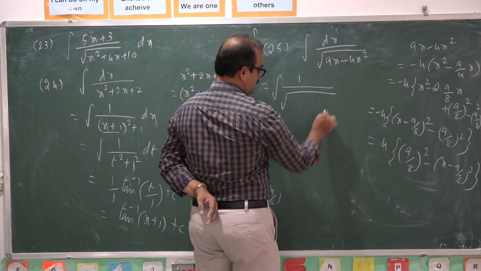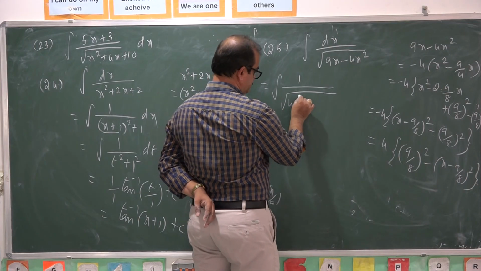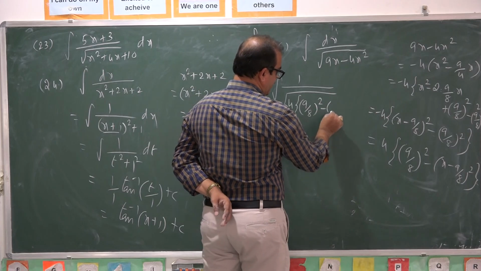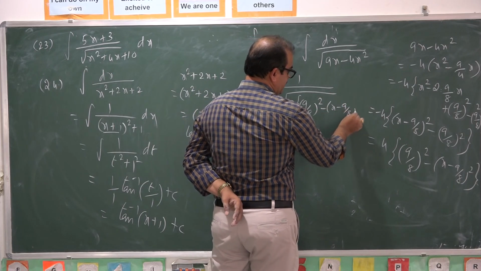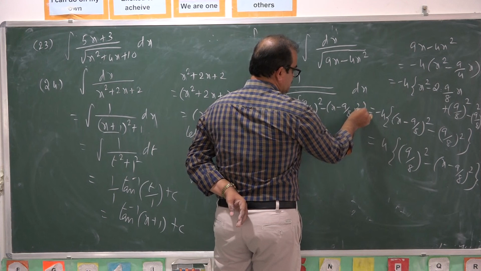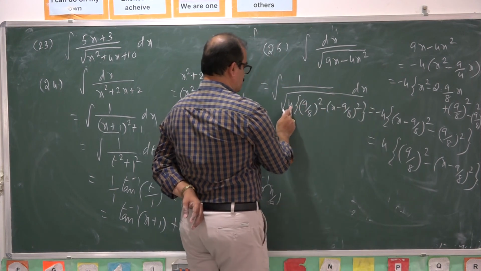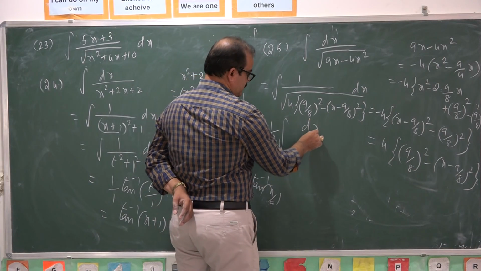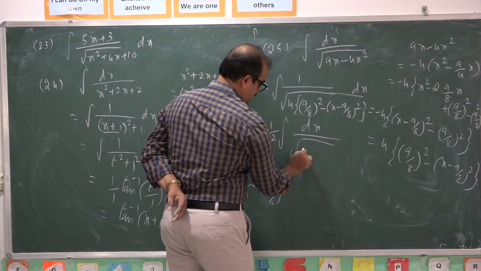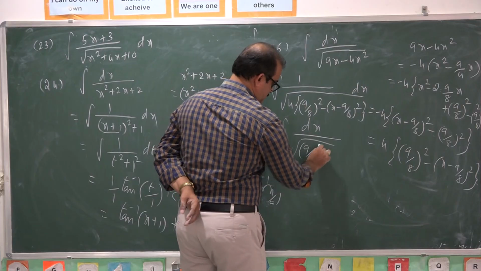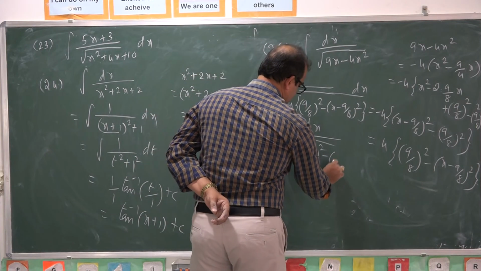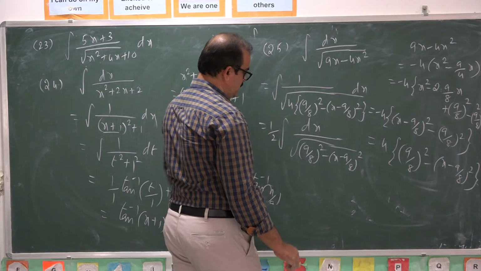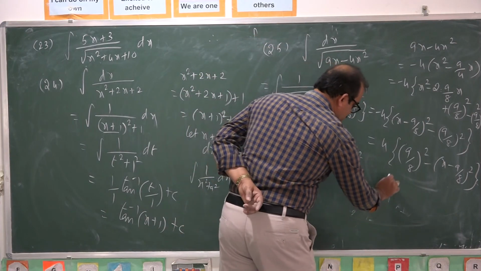This is square root of 4 into 9 by 8 whole square minus x minus 9 by 8 whole square into dx. Root 4 is 2, that is constant. So 1 by 2 into integral of dx by root of 9 by 8 whole square minus x minus 9 by 8 whole square. Take this x minus 9 by 8 is equal to t.